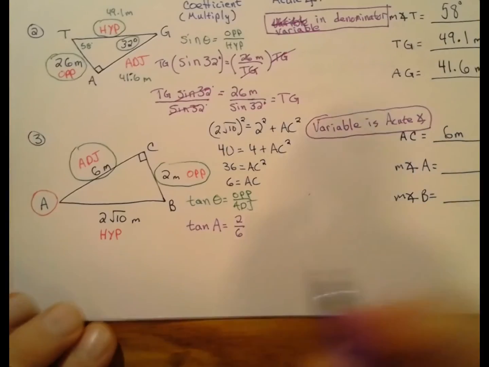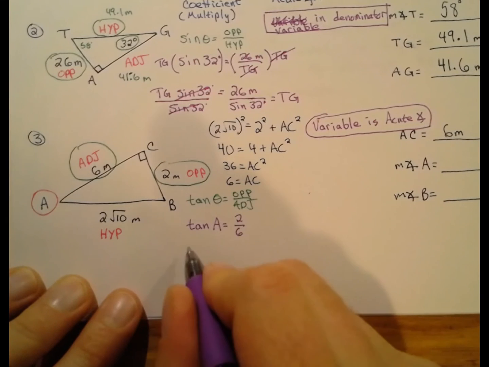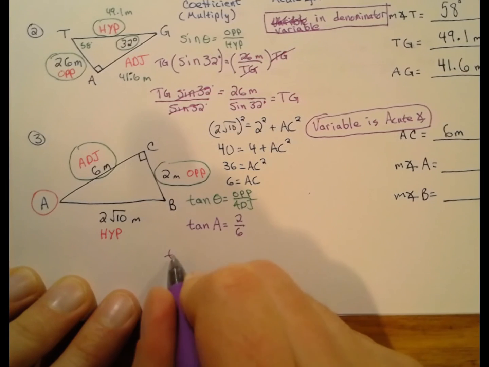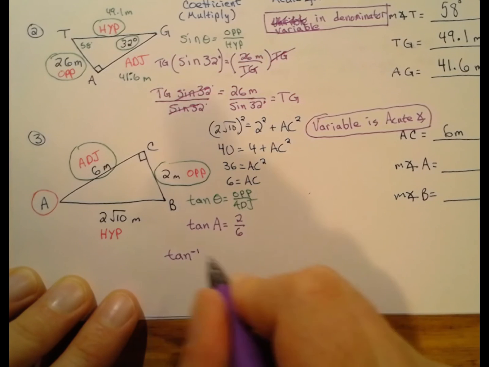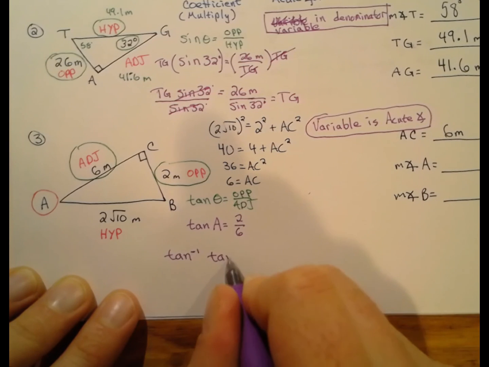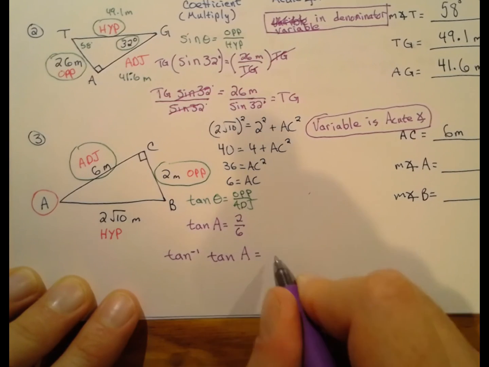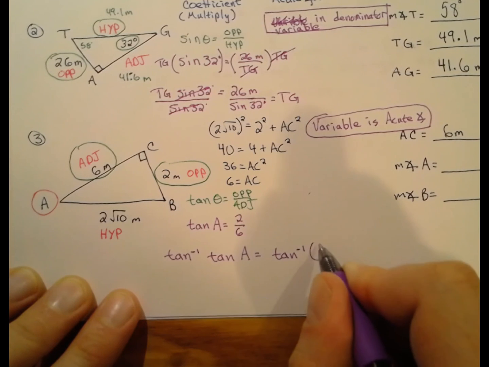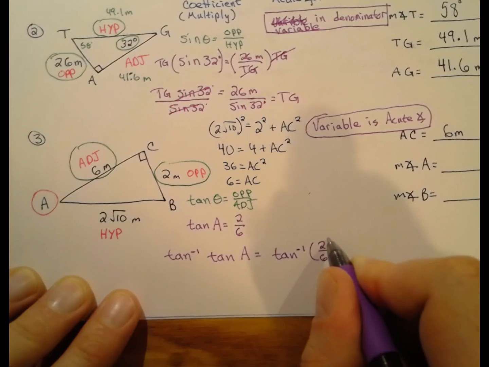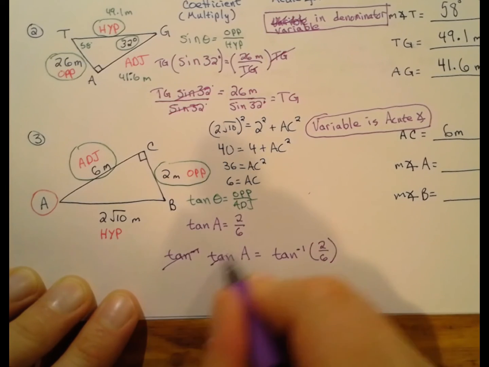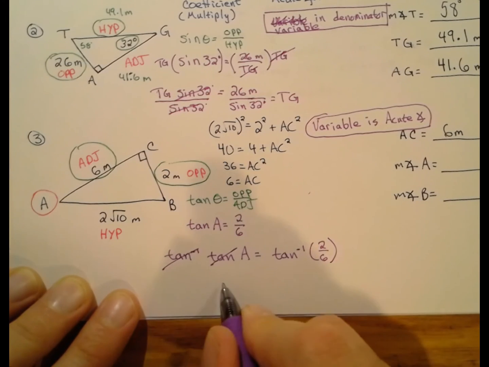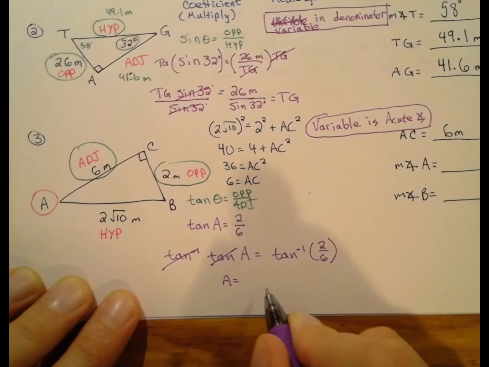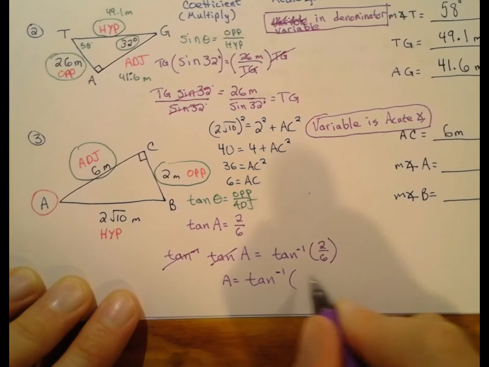Okay, and this is when we're going to compose both sides with the inverse trig function. Trig functions are not multiplication. They're a function itself, and the way that we cancel it out is with inverse trig. Inverse tangent of A, cancel each other out, and we just get A. Tangent inverse of 2/6.